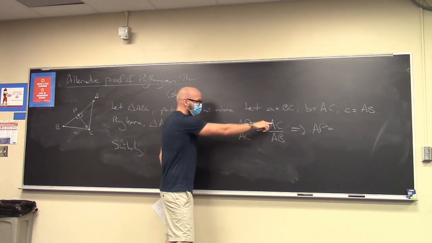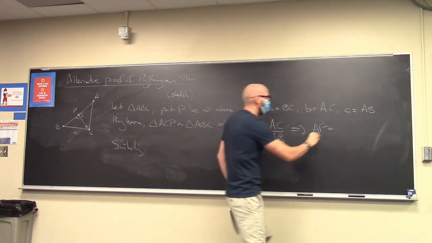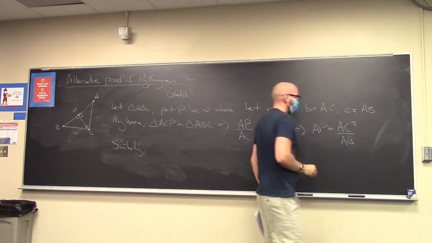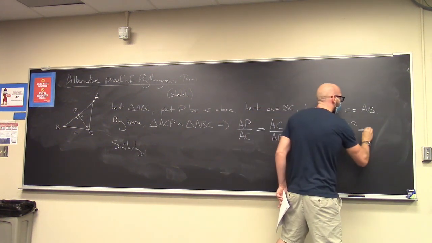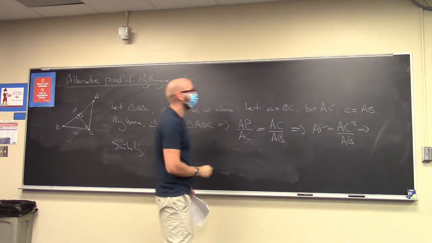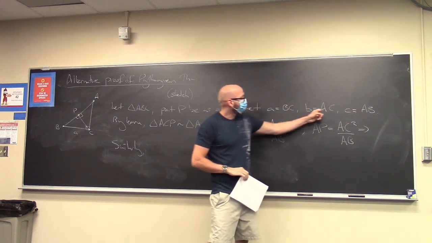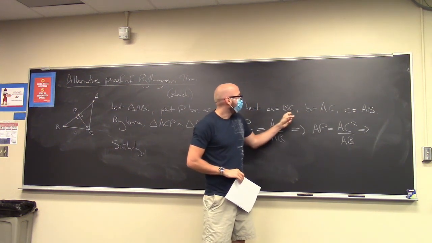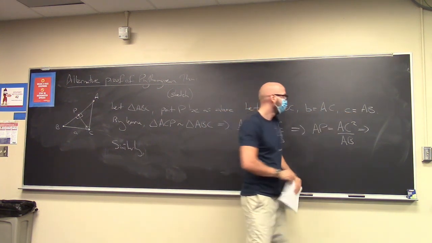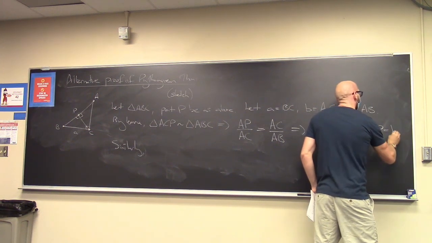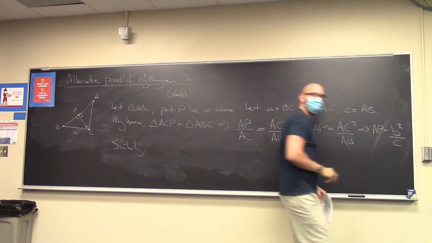AP would just be AC squared over AB, right? And I think I have just enough room to fit this on this line. What's AC? AC is b squared, AB is c. So this means AP is b squared over c.